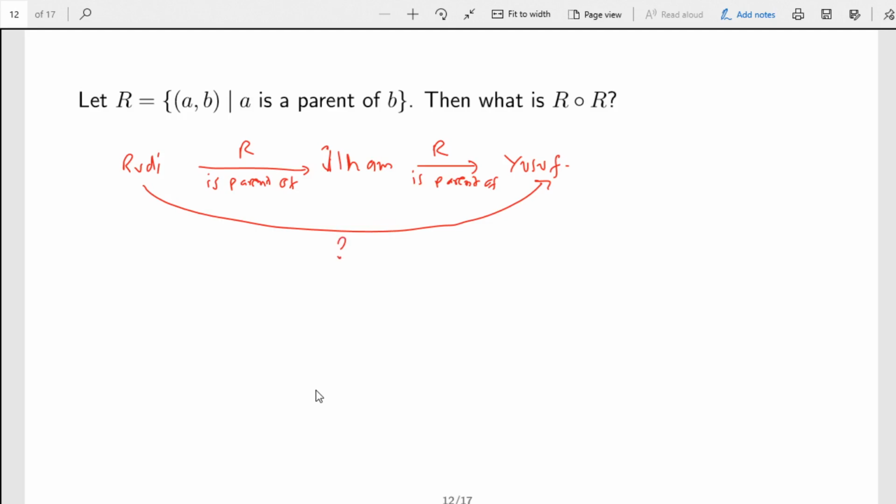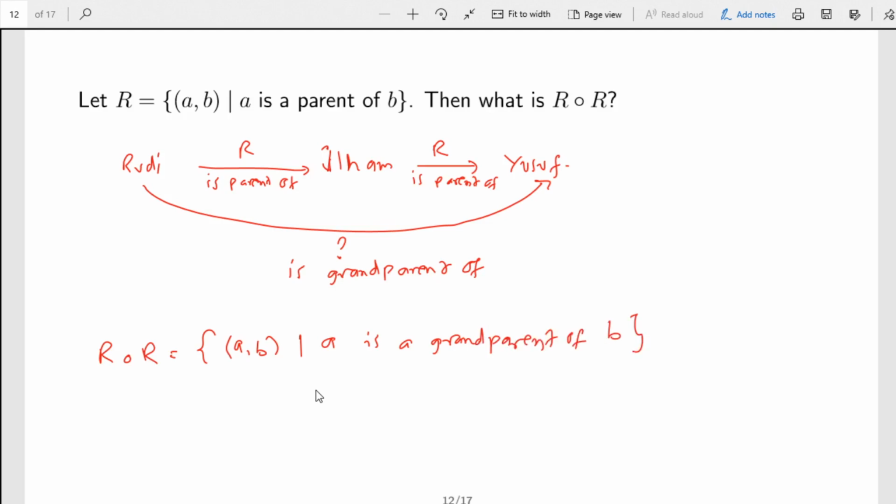Well, you could guess that it's actually "is grandparent of". Therefore the composition of R and R is the set of pairs (A, B) such that A is a grandparent of B. So that's the answer to the first question.